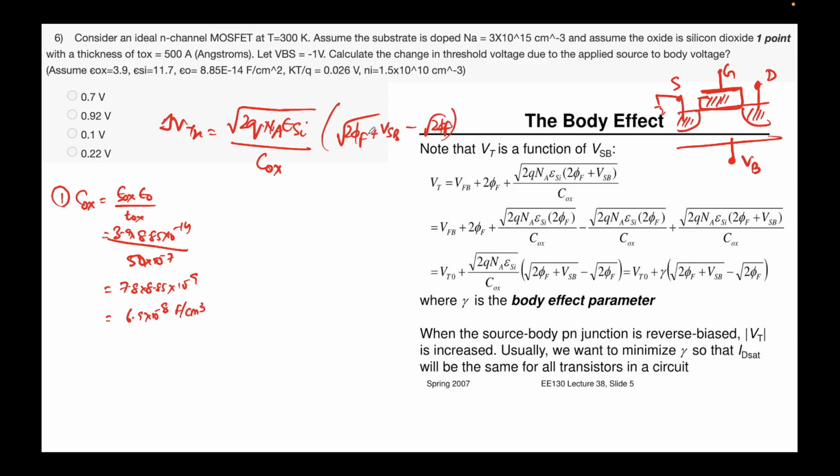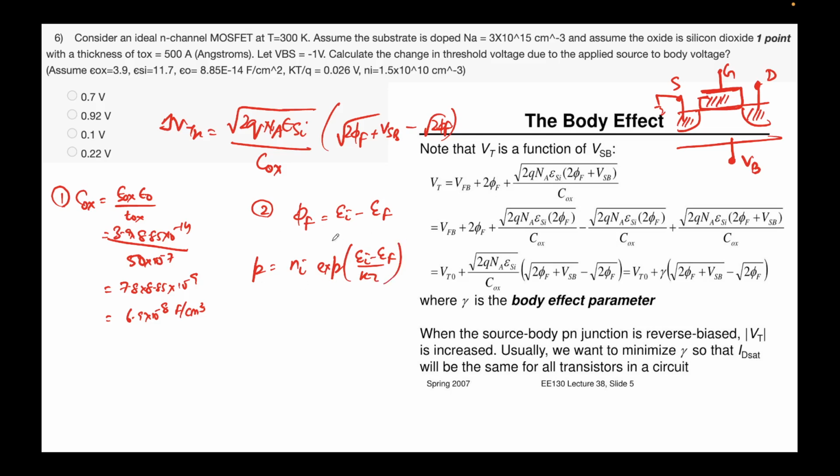The next term we don't have information is 2 phi f, and phi f as we did in the last session also, phi f, if you recall the expression, is basically the difference in the Fermi level from the intrinsic level in the bulk, right? How do we know that? We can simply say that P equal to Ni exponent of Ei minus EF over KT.